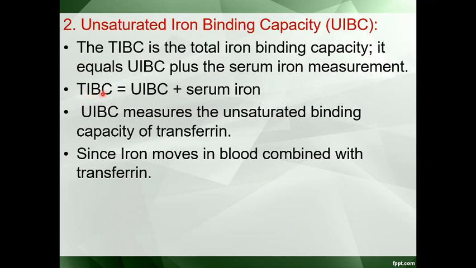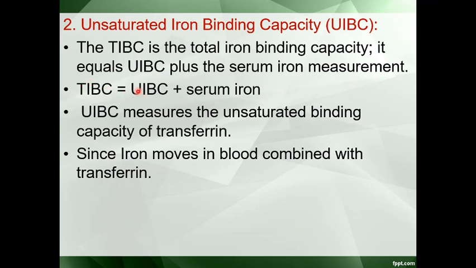Here you can see that the total iron binding capacity means that the iron is not fully bound, unsaturated, right? There is a capacity to absorb more iron. So when we add the serum iron to this, you get the total iron binding capacity.